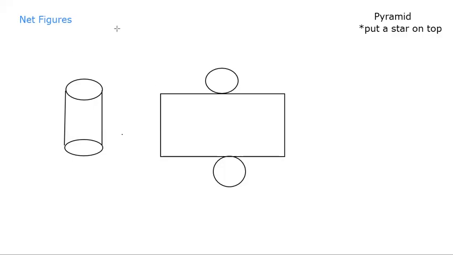So the net of a cylinder, or let's name it according to what it is: is it a pyramid or a prism? The base is a circle, so it's a circular prism. But we also call this a cylinder. If you want to be exact and correct, it's a circular prism. It is not a pyramid.